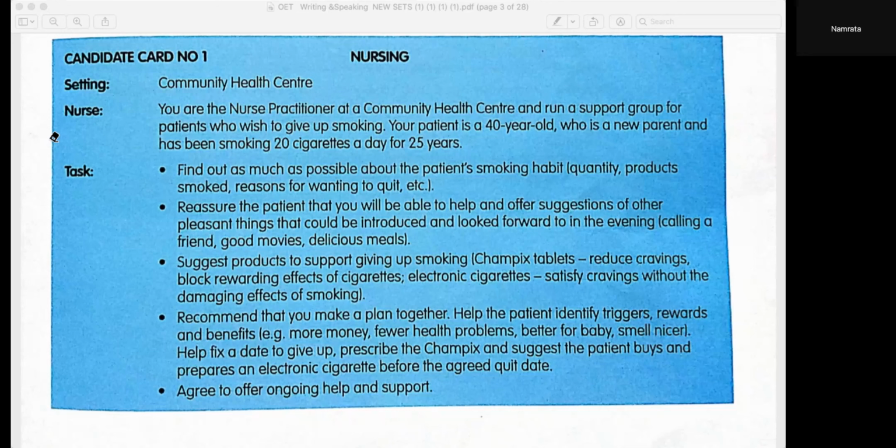You can cook with your friends, and you can eat healthy foods, or let's say delicious meals, so that the trigger you have for cigarette smoking may reduce. And also you may sometimes go out for a movie, and those may replace the cigarette smoking.